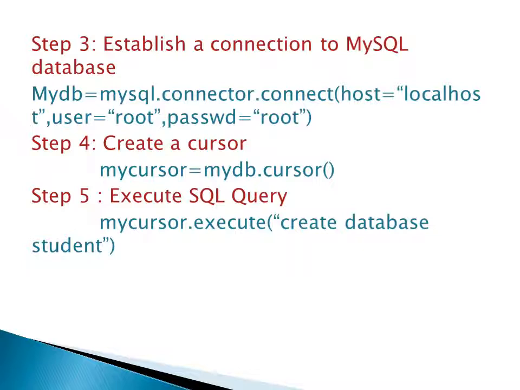This is connection object. Now we will create a cursor. Cursor is a special type of data structure in database connection. How we will use this cursor? When a query is sent to MySQL database, then output of that query is a result set. And that result set has many records.